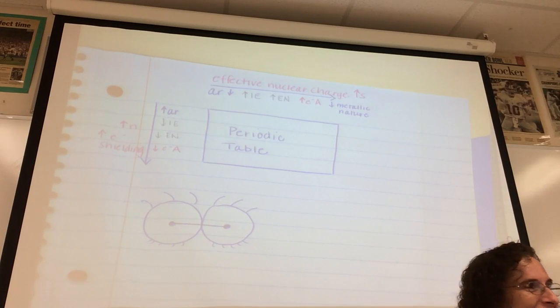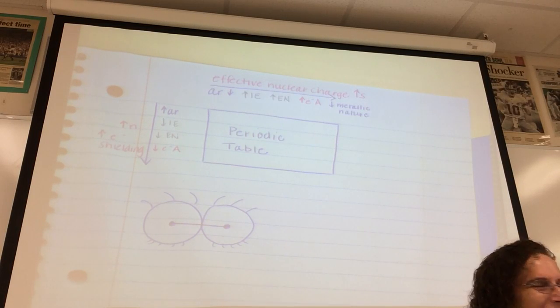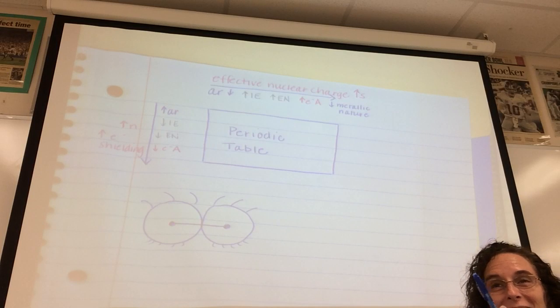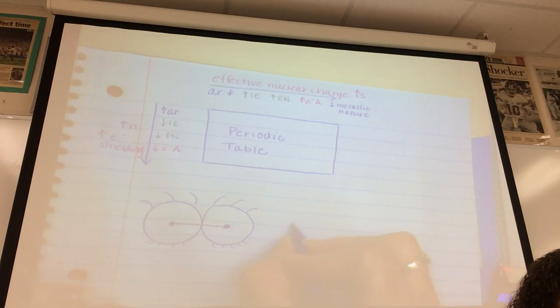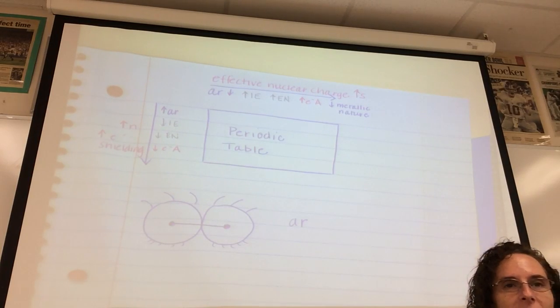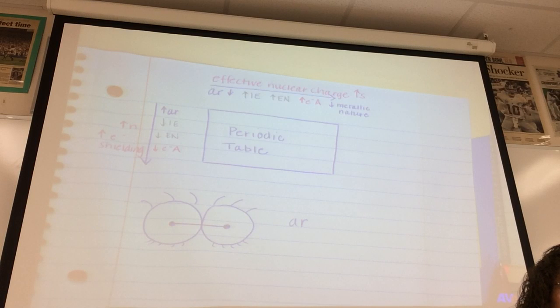You said atomic nuclear distance. It's called the internuclear distance. Let's look that up. So half the distance is the atomic radius.